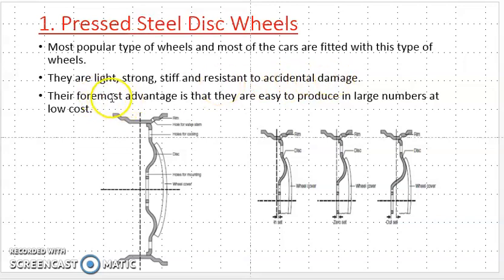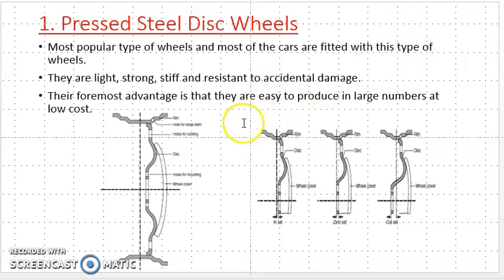And the foremost important advantage of this wheel is it is easy to produce in large numbers. Okay, means while manufacturing at low cost you can manufacture a number of wheels. It's possible for this type of pressed steel disc wheel.